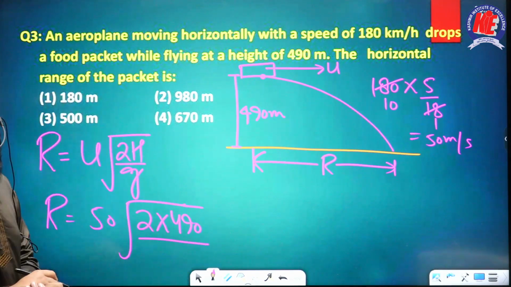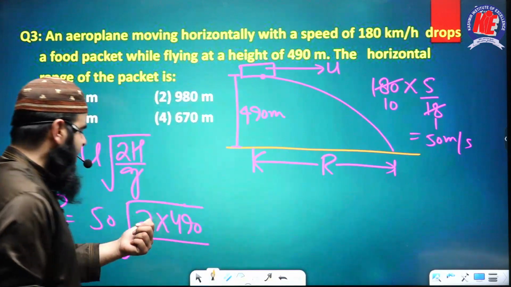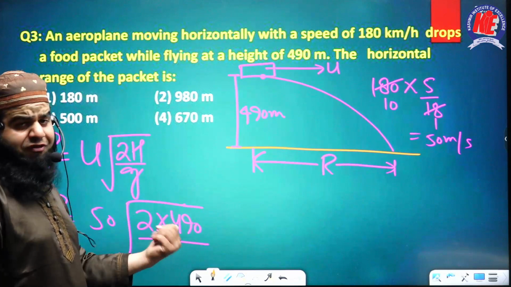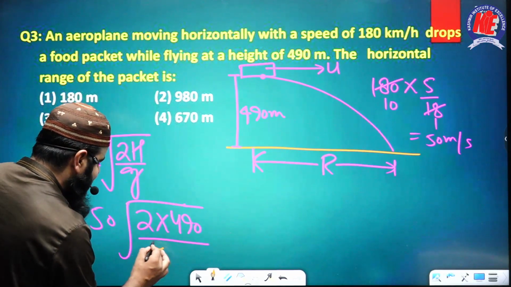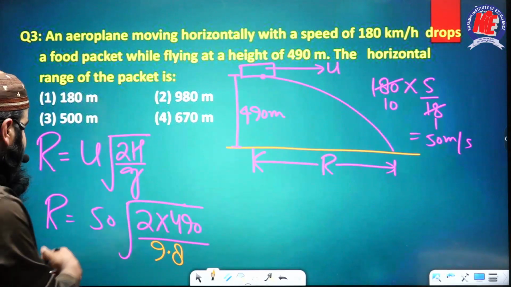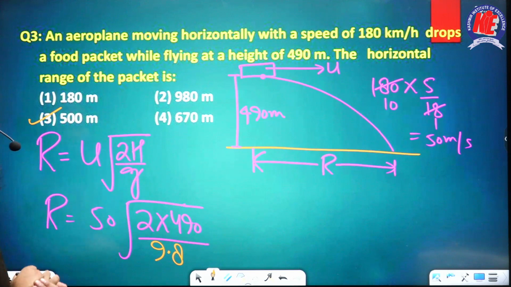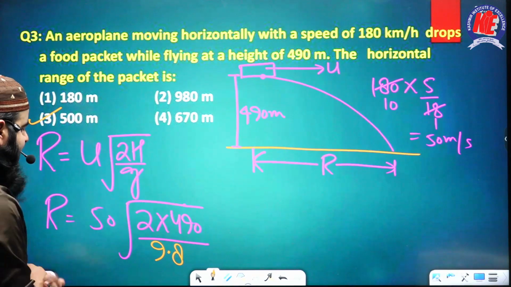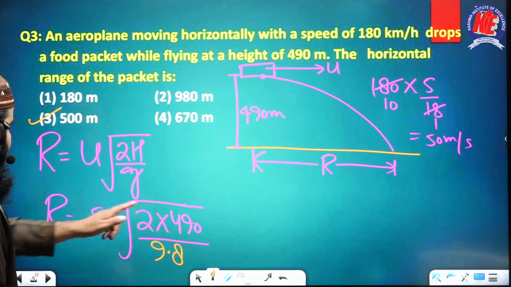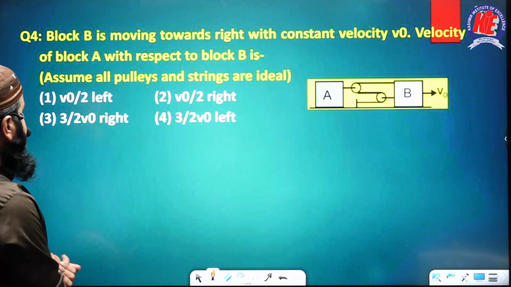Even if we are more comfortable taking the value of g as 10, you can see here 2 into 490 will be 980, so it will be easier when you take g as 9.8. When you solve this, you will end up with the answer 500 meter. The root of this entire stuff will be 10 only, and 10 into 50 is 500.